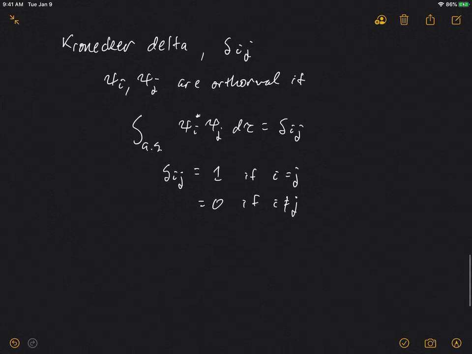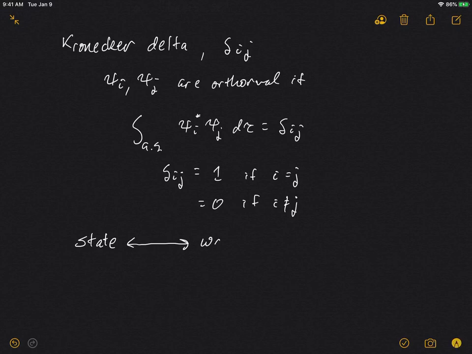Okay, now we have a few concepts under our belt, and now let's move on to states and wave functions. Here's where I was going to bring it in. So far I've implicitly said states and wave functions are kind of the same thing, in that the state is the state of the real system, and the wave function is its representation mathematically.